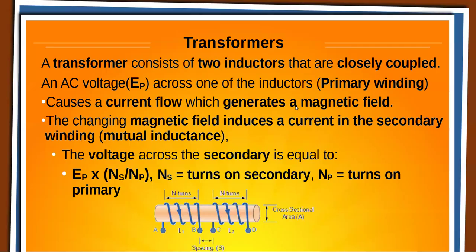Okay, transformers, it's just two inductors that are closely coupled. You could have an air core transformer. I don't know that I've seen one, but theoretically you could. Usually there's some higher permeability material that the 2 or 3 or 4 coils are wrapped around, so that they have a common magnetic field and common lines of flux.